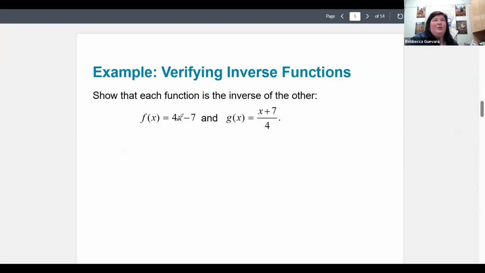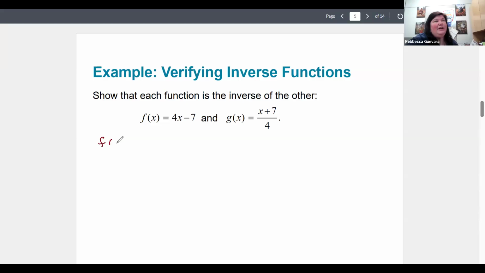So notice here that this one has a multiplication of a 4 and a subtraction of 7. But over here, I have a plus 7 and a division by 4. So if they go in these operations in the correct order, these functions should undo each other. So don't always look at two functions and go, oh, the operators flipped. They must be inverses, because that's not always true. We still have to test it.